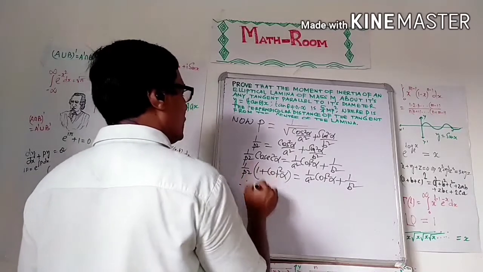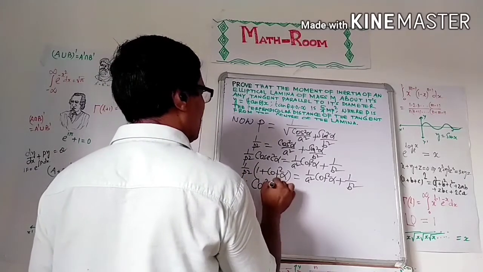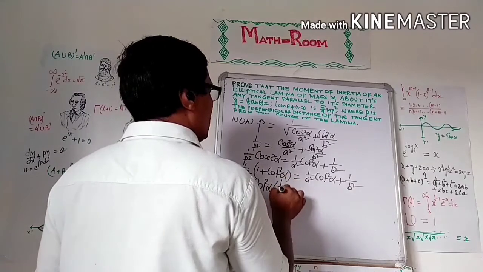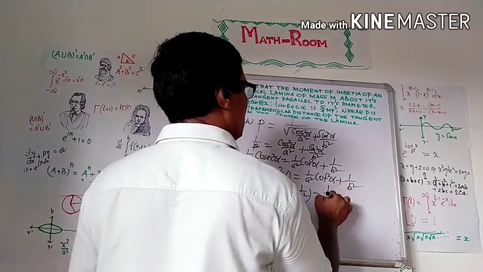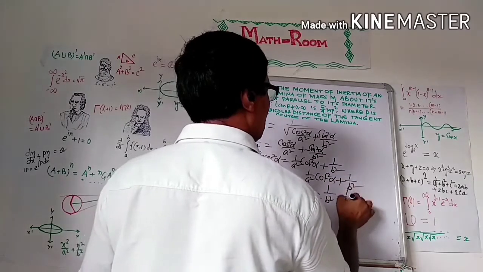So cot square alpha times 1 over p square minus 1 over a square equals 1 over b square minus 1 over p square.